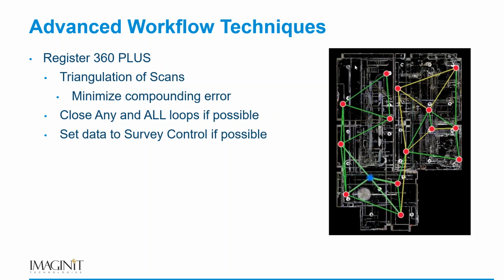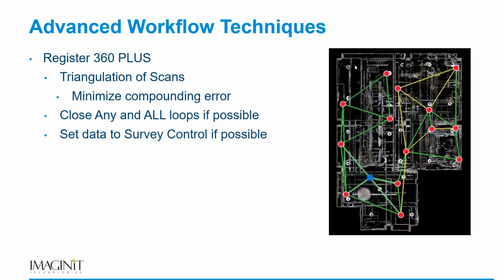So this is another one that I feel pretty strong about. Again, my background, I'm process engineering. Been doing it my whole life. Do a lot of survey workflow and in that type of facility. Triangulation of scans, to me, is very, very important.